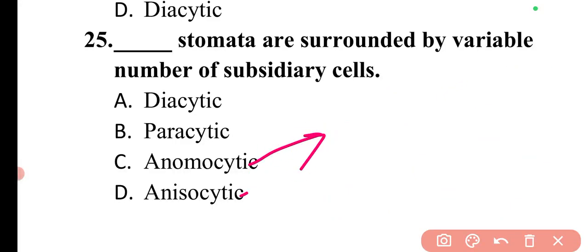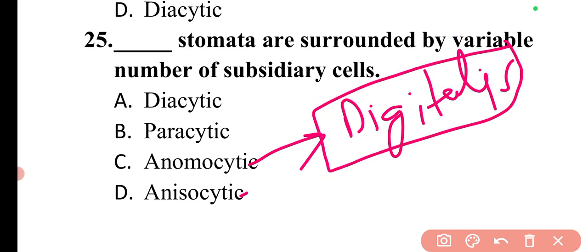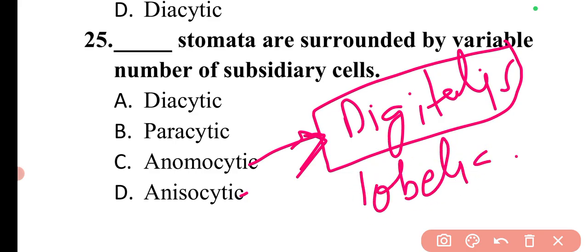In anomocytic stomata, the example is very important. Examples include digitalis. Many times this anomocytic stomata is asked for digitalis, and other examples include lobelia and buchu. So these are the several examples of plants containing anomocytic stomata.